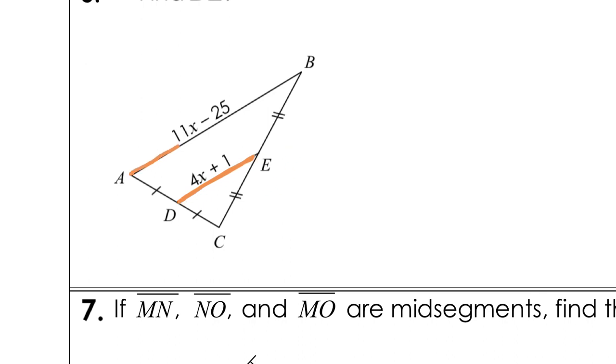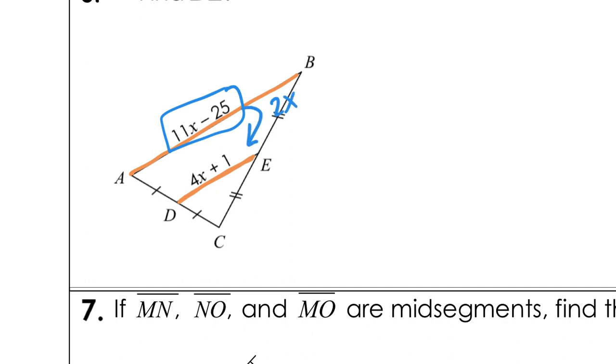And the way that you would set this up, so remember the relationship. We know that this one is always half of whatever that is. Or an easier way to think of it would be to think of the bigger one as 2 times the smaller one, right?